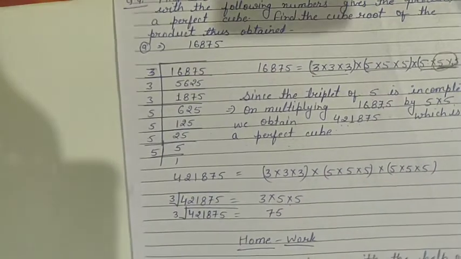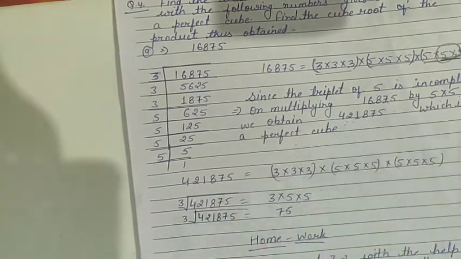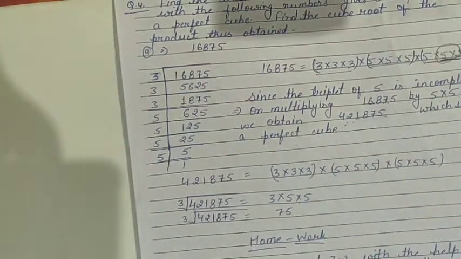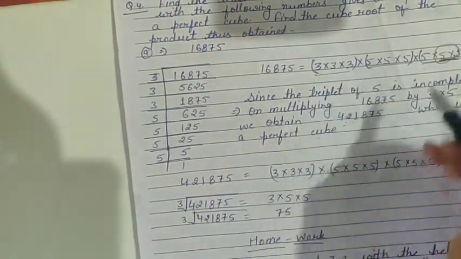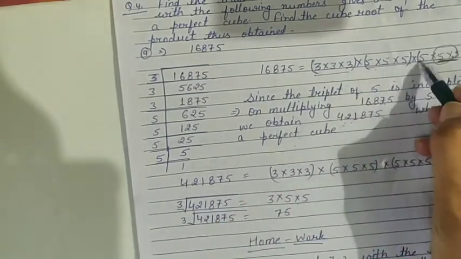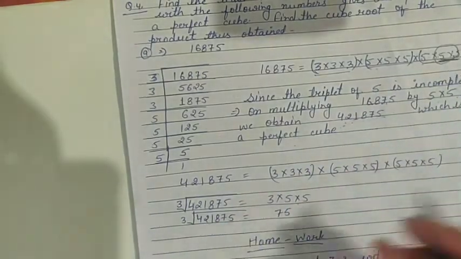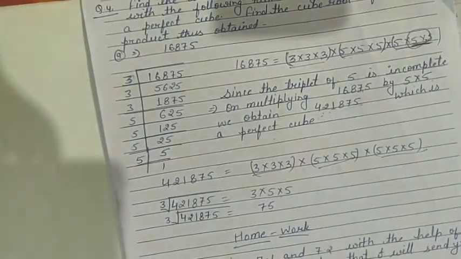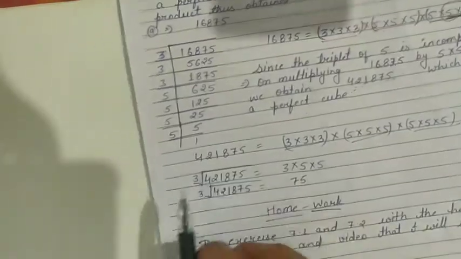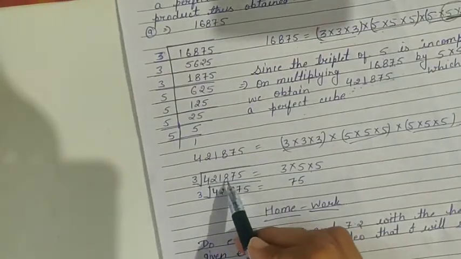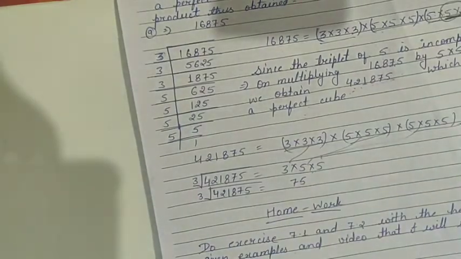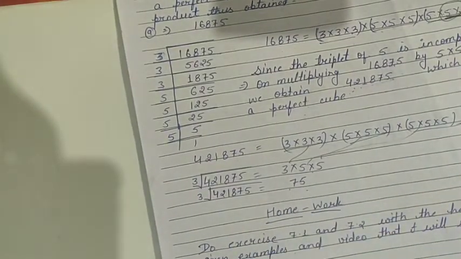And when we find the cube root of 4,21,875, firstly we find the prime factors of this number, which are 3 into 3 into 3, 5 into 5 into 5, 5 into 5 into 5. So this is the first triplet, this is the second, and this is the third triplet. So cube root of 4,21,875 is 3 into 5 into 5, which equals 75.